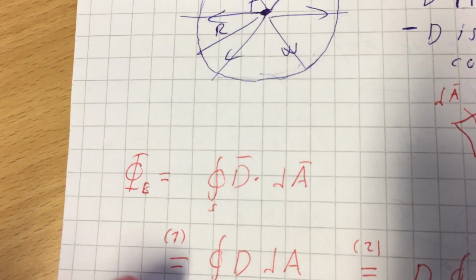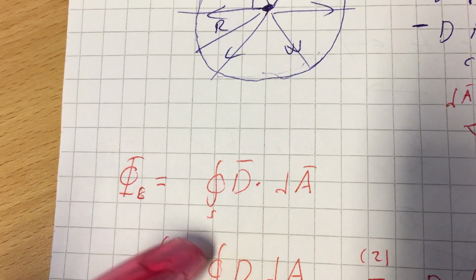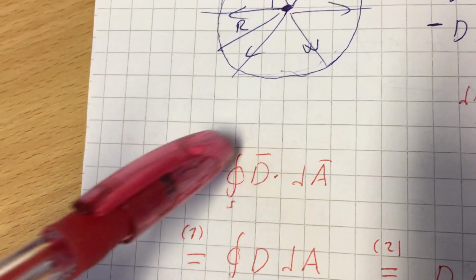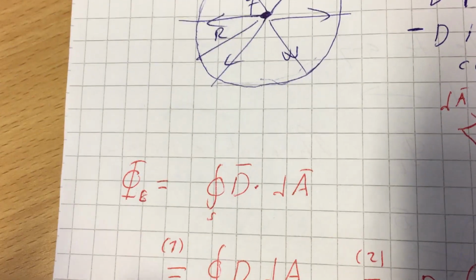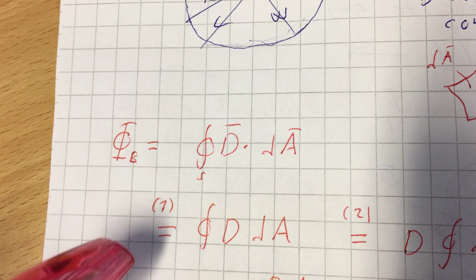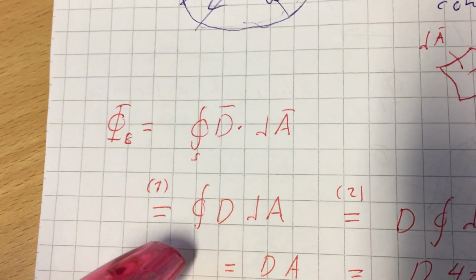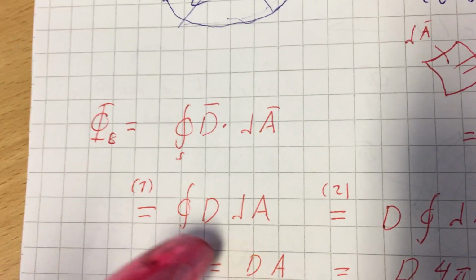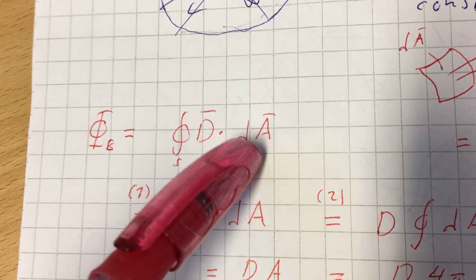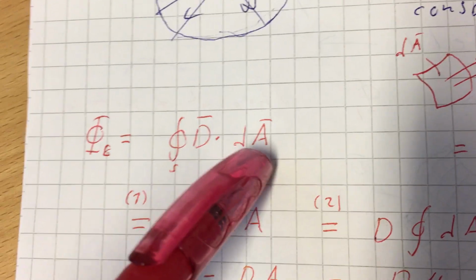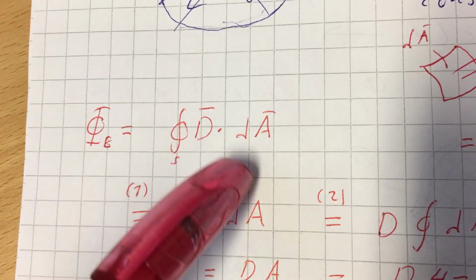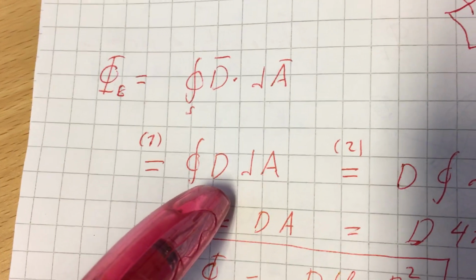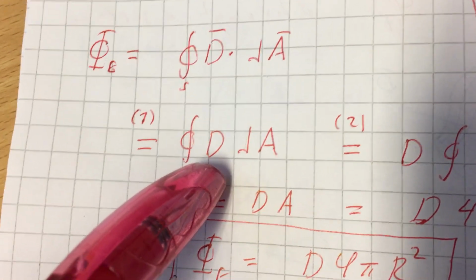So the electric flux is just the surface integral, over the closed surface in this case. So this sphere here denotes a closed surface. And according to this spherical symmetry, D points in the same direction as the unit vector of any surface element, so this dot product can be transformed into a scalar product.